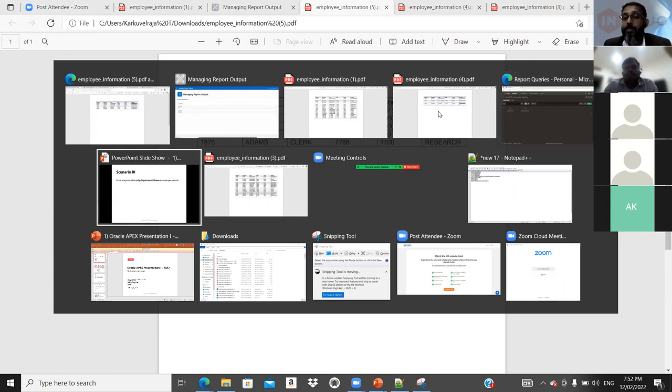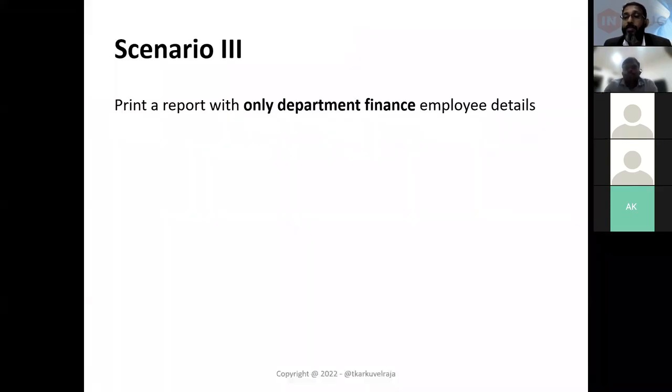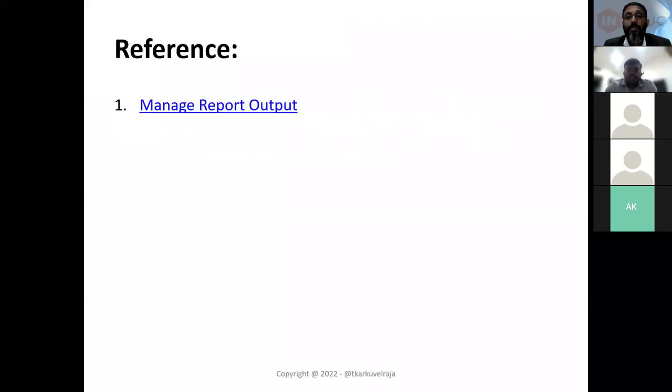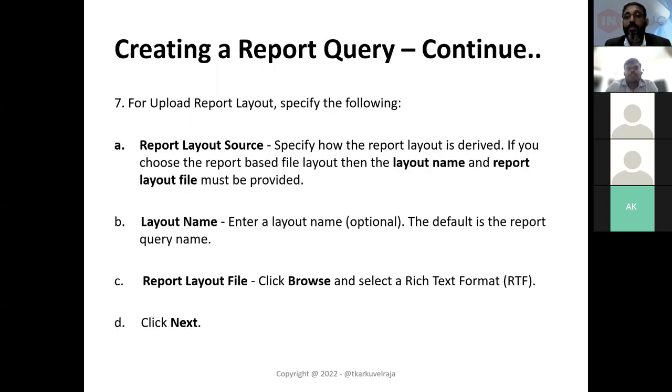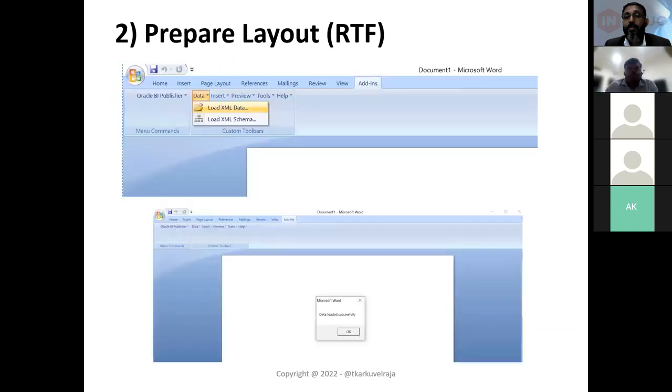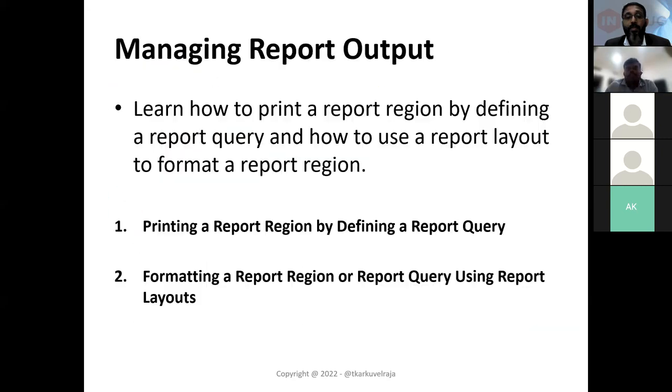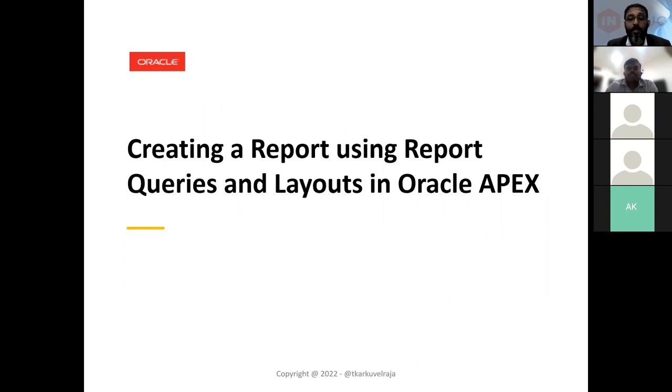This is how you can effectively build reports using the report layout, report queries feature and references. I have given the references also. Quickly, we can glance at what we have seen so far. The topic is how you can create a report using report queries and report layouts.